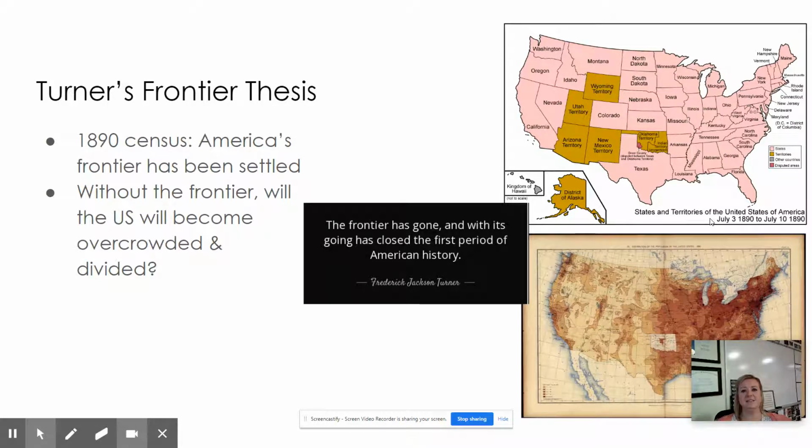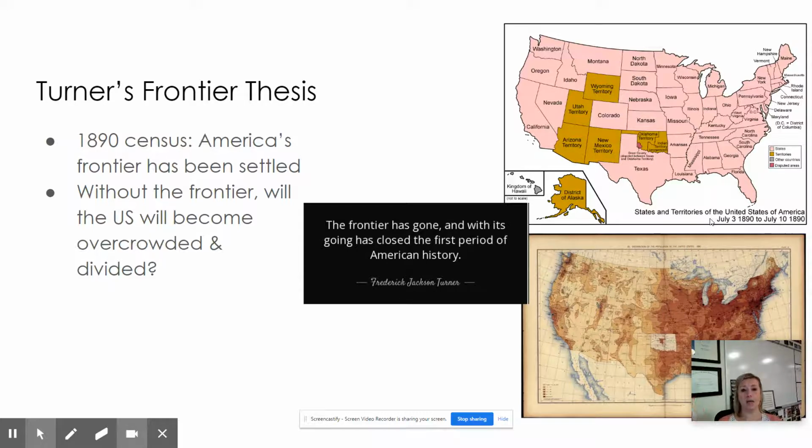We've settled it. We've stabilized it, and there's a second part to it, and that is, well, now that the frontier is gone, there's no land left. There's a concern that maybe the United States will become overcrowded, right? If there's no excess land for people to go to as they move into eastern cities or immigrate into the country, because this is at the exact same time as what we were talking about in the previous unit, then where will people go?